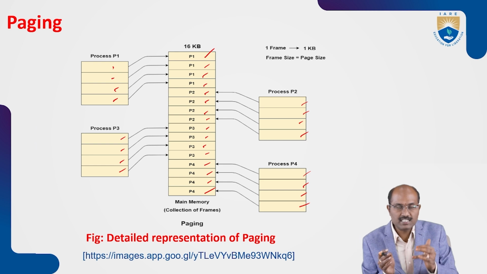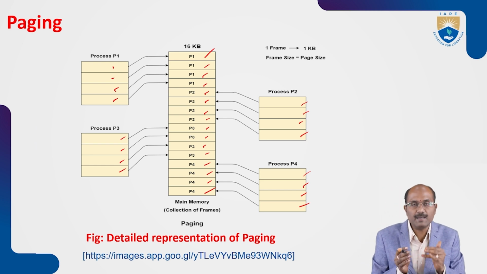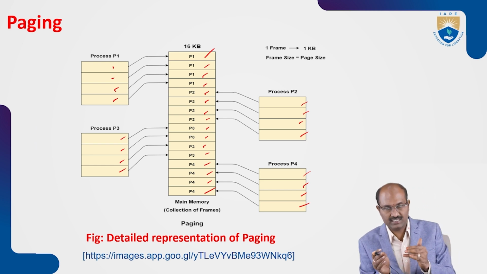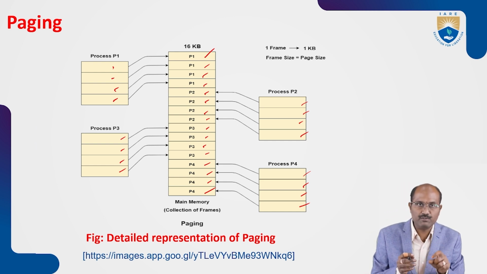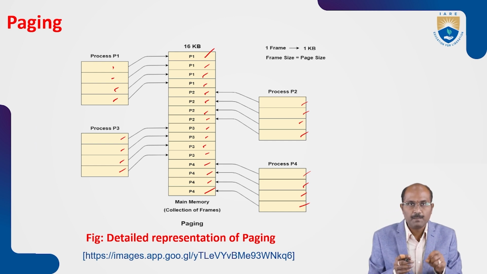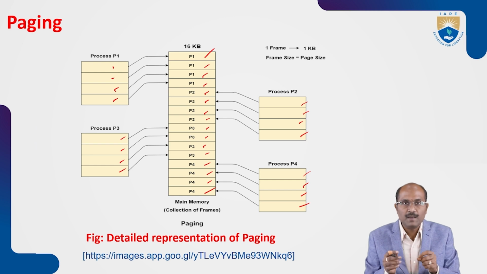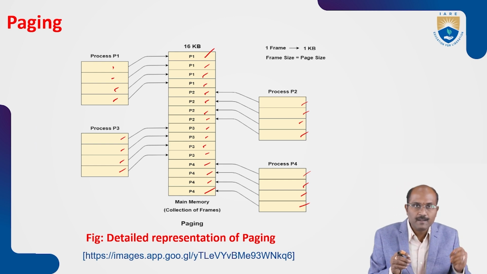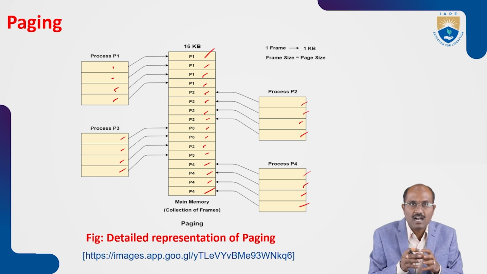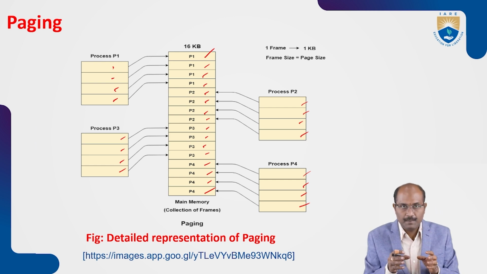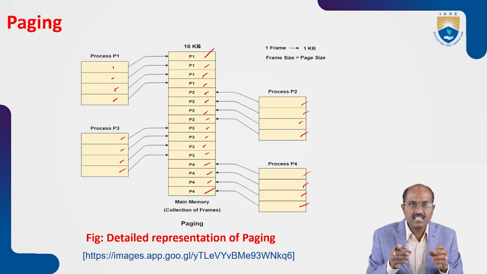In this slide, a completely detailed representation of the paging concept has been observed. We observed that P1, P2, P3, and P4 are all mapped completely into the main memory of 16 KB.